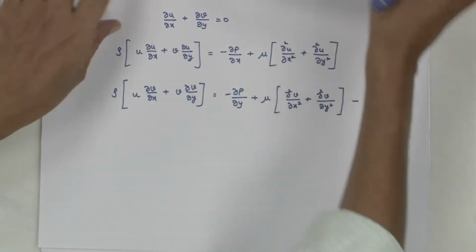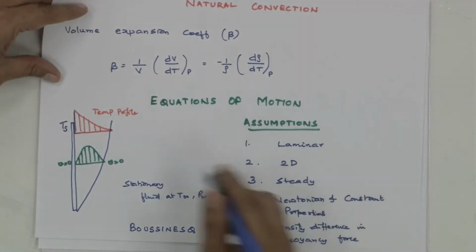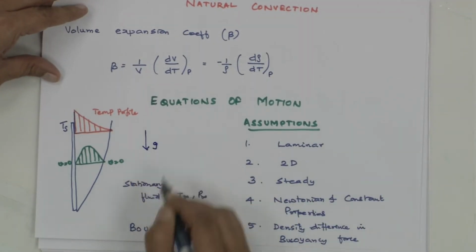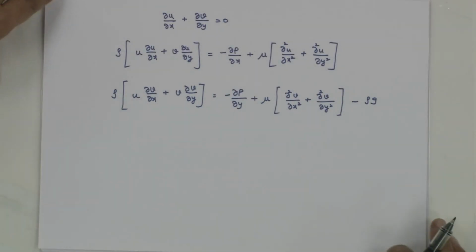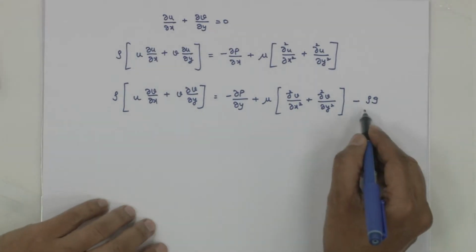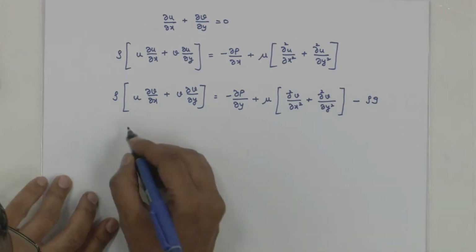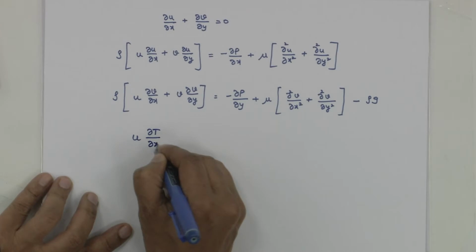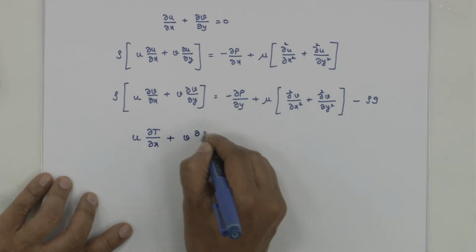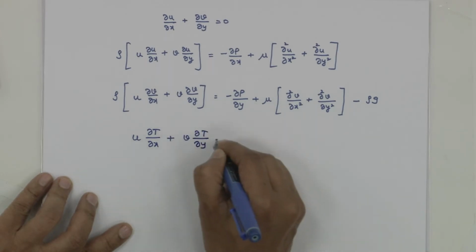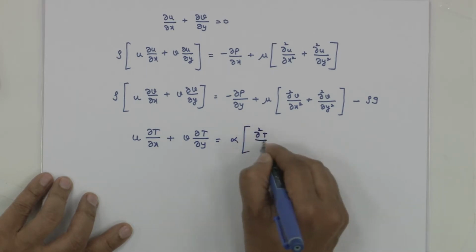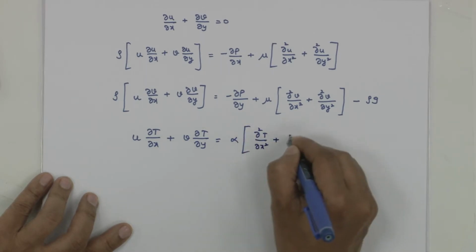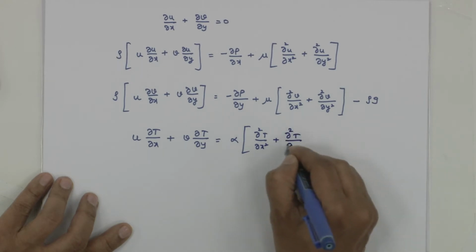Because if you recollect, this is my vertical plate, my g is downwards. So the force is downwards in the negative y direction, so it is minus rho g. And the energy equation is u del T by del x plus v del T by del y equal to alpha into del squared T by del x squared plus del squared T by del y squared.